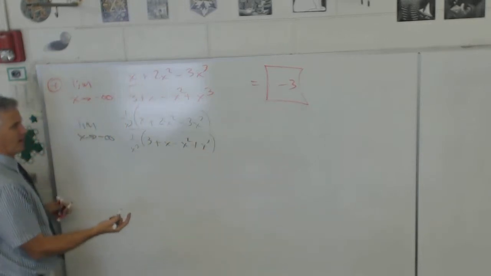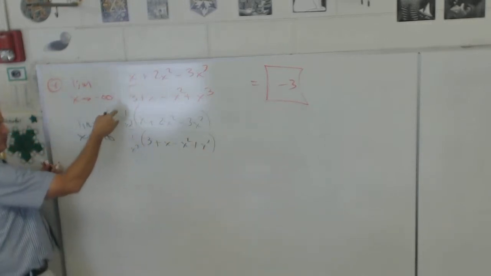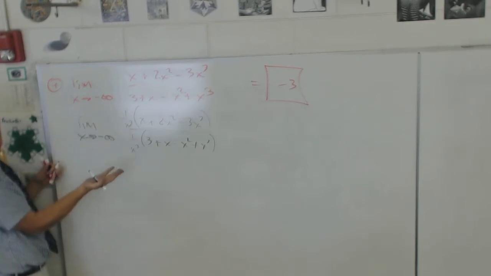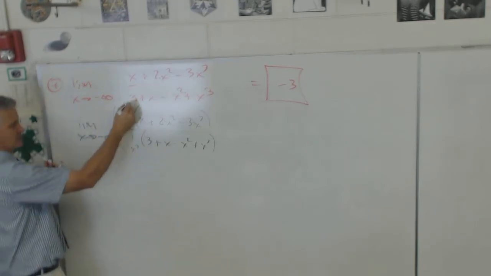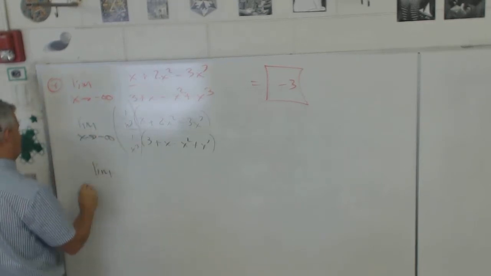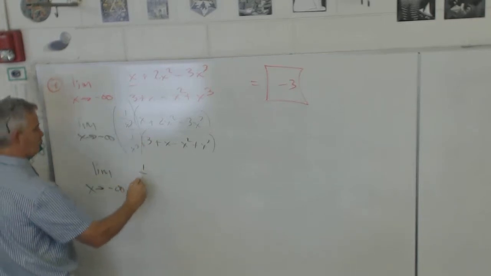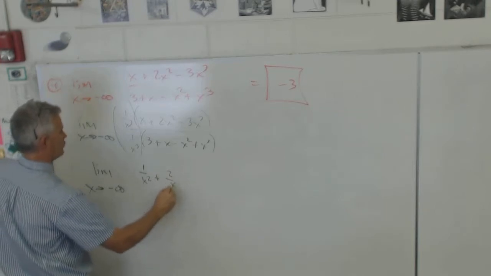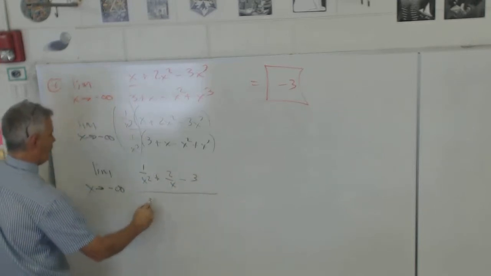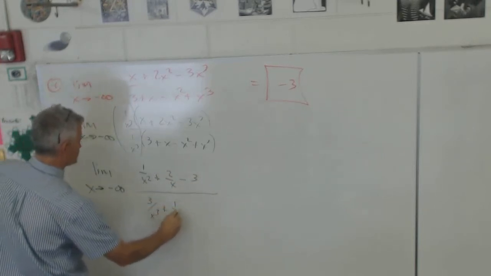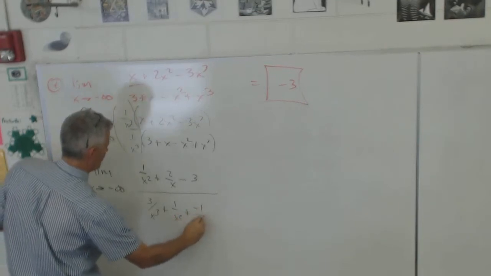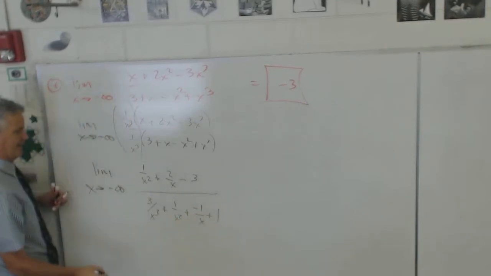But if you're having trouble about why that is, I'm going to have to multiply top and bottom by 1 over x cubed, right? I multiplied by a reasonably clever expression for 1. I consider it clever, but when this goes in, we have 1 over x squared plus 2 over x minus 3 over 3 over x cubed plus 1 over x squared plus -1 over x plus 1.